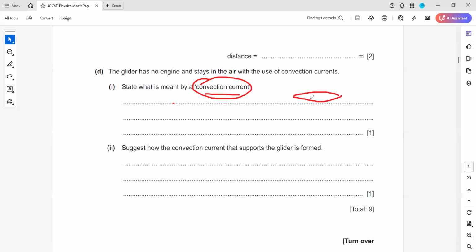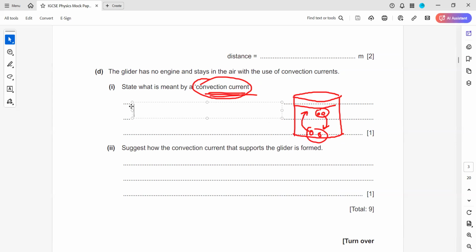For example, if we have a liquid and we heat it, the molecules with high energy, the most energetic molecules, will have low density and they will rise up, and the molecules with high density will sink. This movement is called a convection current. So, state what is meant by a convection current.